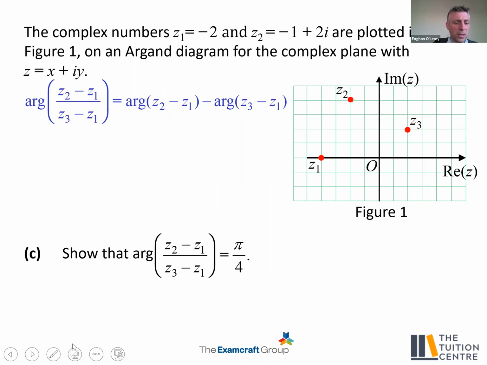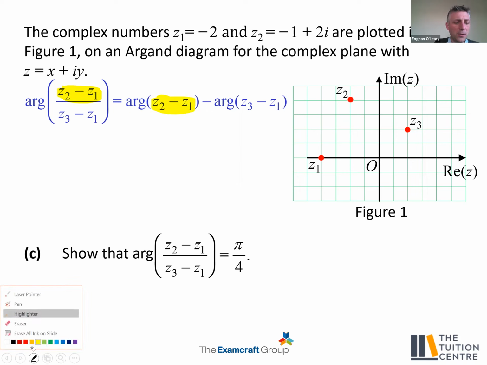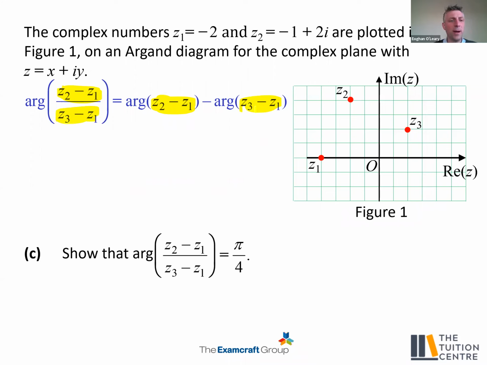So let me just highlight that for you, to show you where that's all coming from. z2 minus z1 is our numerator, and z3 minus z1 is our denominator. So the argument of the entire fraction is the argument at the top minus the argument at the bottom, again coming from division of complex numbers in polar form.